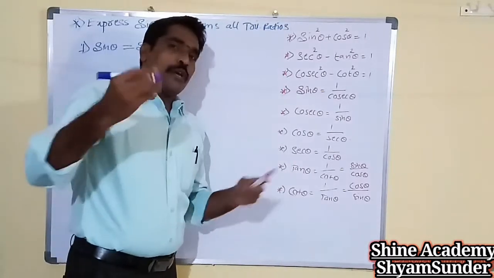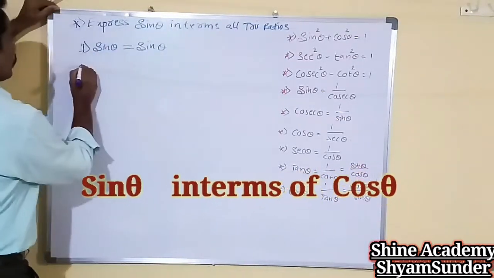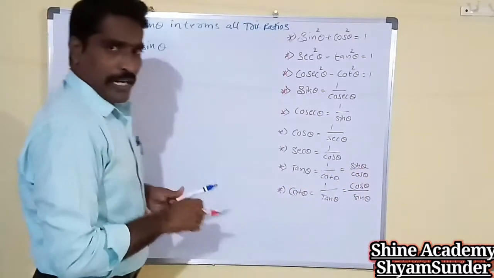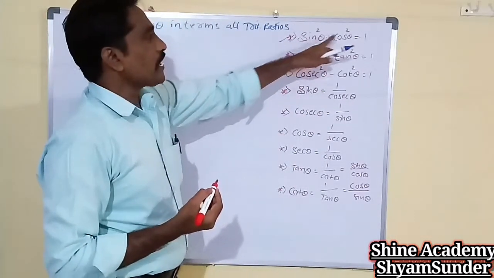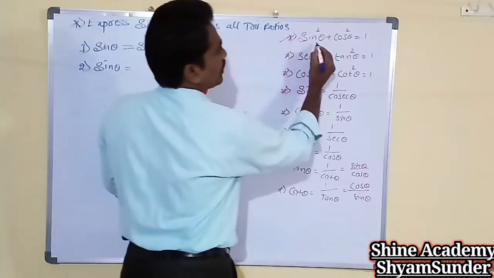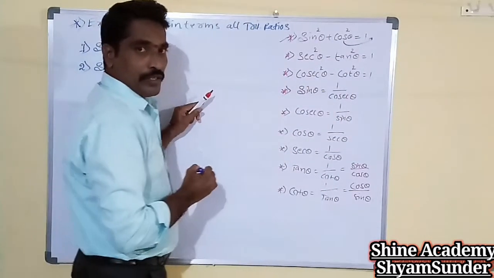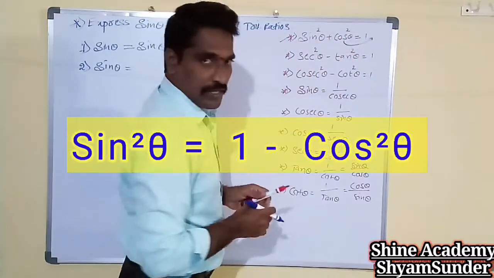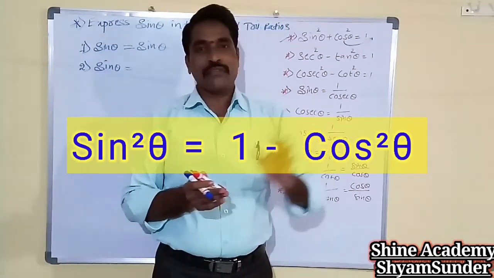Now we are going to express sin theta in terms of cos theta. We can get this from identity number 1, that is sin square theta plus cos square theta is equal to 1. From this, sin square theta is equal to 1 minus cos square theta, transposing cos square theta to the right hand side.